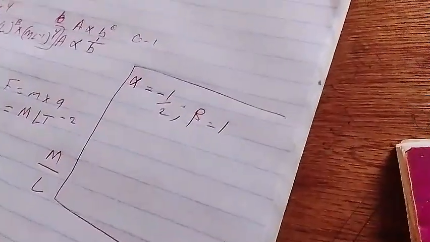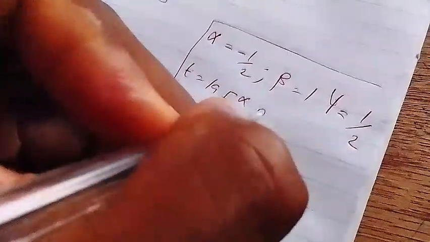But we are not yet done, in the sense that we need to put all these into the equation: our alpha is equal to minus 1 over 2, our beta is equal to 1, and then our gamma is equal to 1 over 2. So T is equal to K F to the alpha, L to the beta, and then this symbol that looks like omega to the gamma.